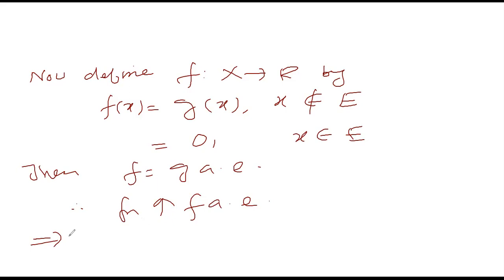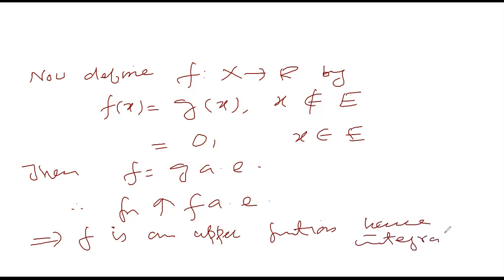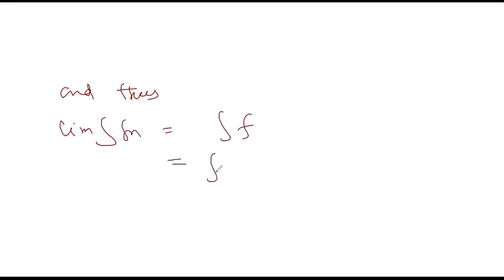That is, if f is a function from X to R, and we have a sequence f_n of upper functions such that f_n increases to f, then f is also an upper function, and is integrable. This is done in a previous theorem, and thus the limit of the integral of f_n is equal to the integral of f, which is equal to the integral of the limit of f_n. So the limit of the integral of f_n is equal to the integral of the limit of f_n, and that limit is equal to f. This proves the Levi theorem.